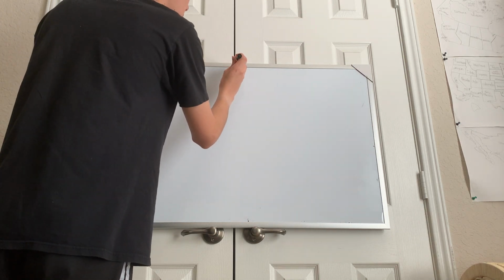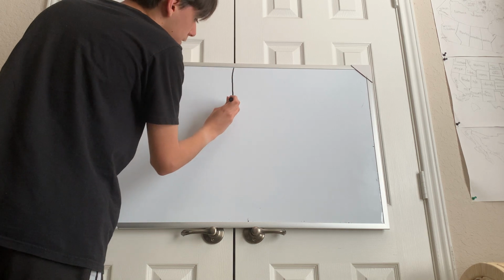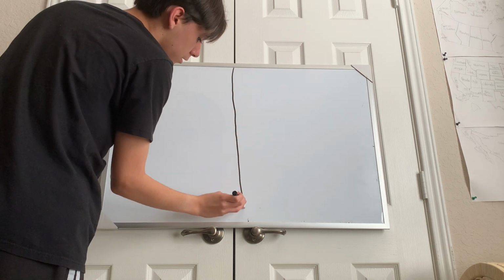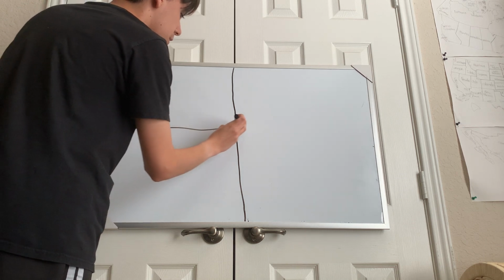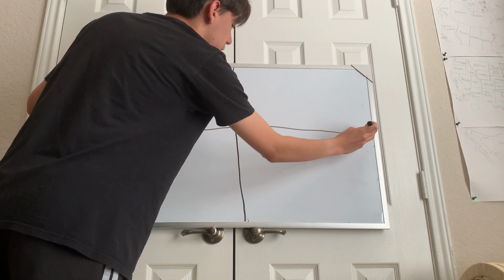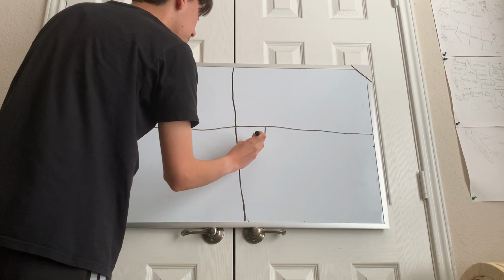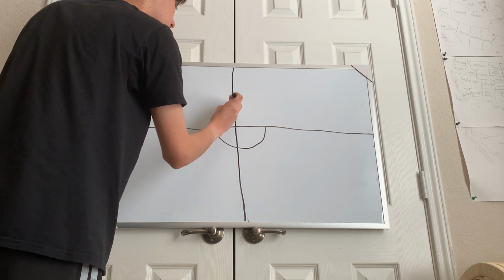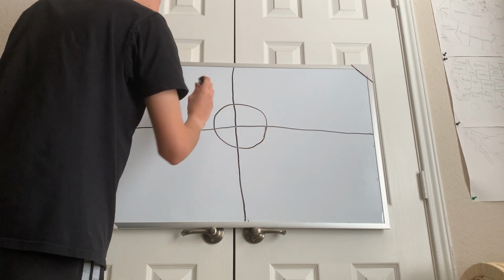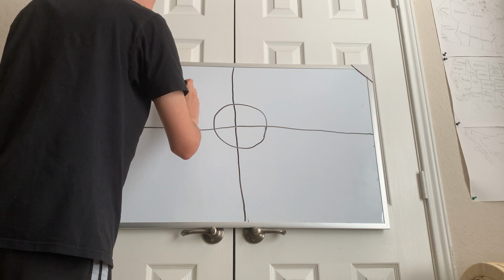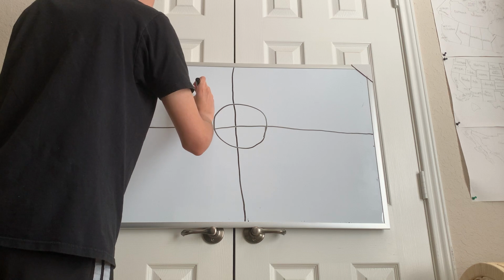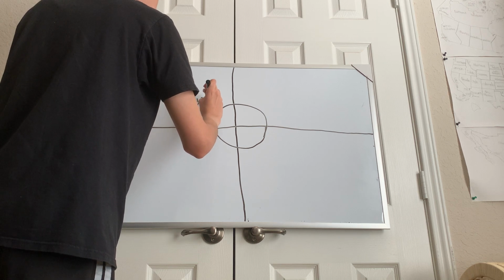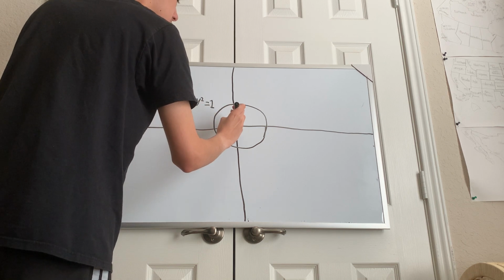So first, a coordinate system. And on this coordinate system, let's have a unit circle with the equation x squared plus y squared is equal to 1.